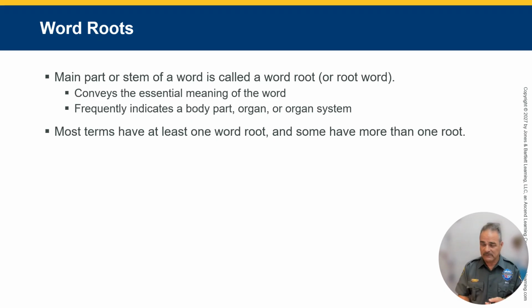Cardio is your heart. Respiratory is your breathing, okay? So ventilation is the mechanical ventilating of somebody. So there are so many things that that root word can be, but it usually has an indication of either a body part, an organ, or an organ system.